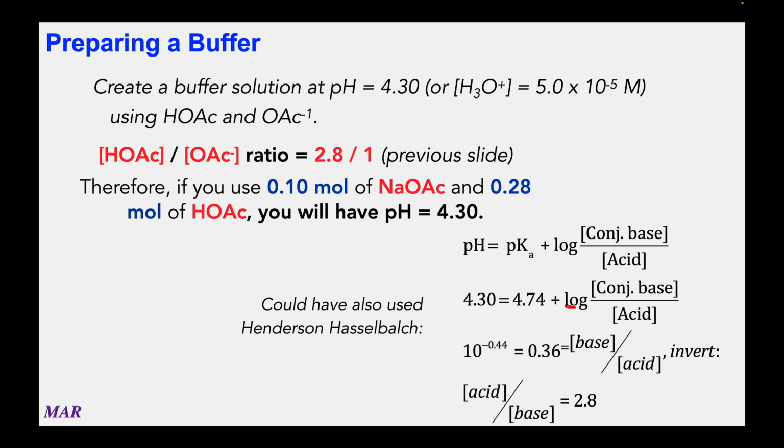So 10 to the minus 0.44 gives you 0.336, and that equals the base over acid ratio, but we want the acid over base ratio. So I would take the inverse of both sides. I would invert it, and that means 1 over 0.36 gives you 2.8, and 1 over base over acid is acid over base. So that's another way to find the acid to base ratio, and either way is fantastic.